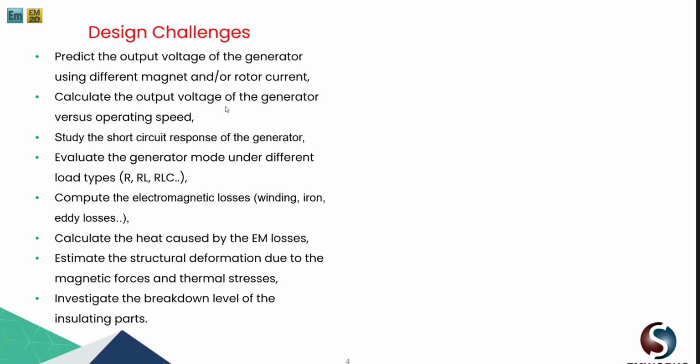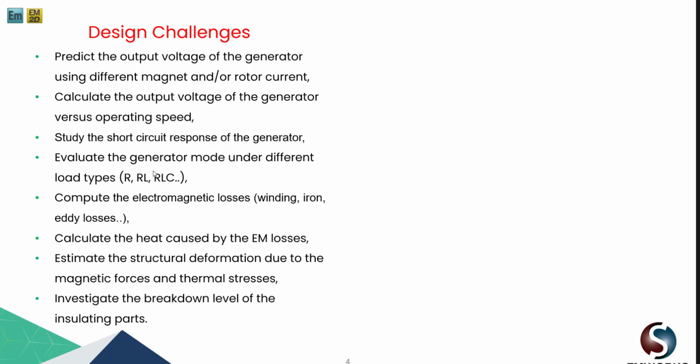How to calculate the output voltage of the generator versus operating speed, since operating speed affects the voltage and the back EMF. Short circuit is very important, because the current will be much higher, so we have to design the proper fuses for your generator in case there is a short circuit.